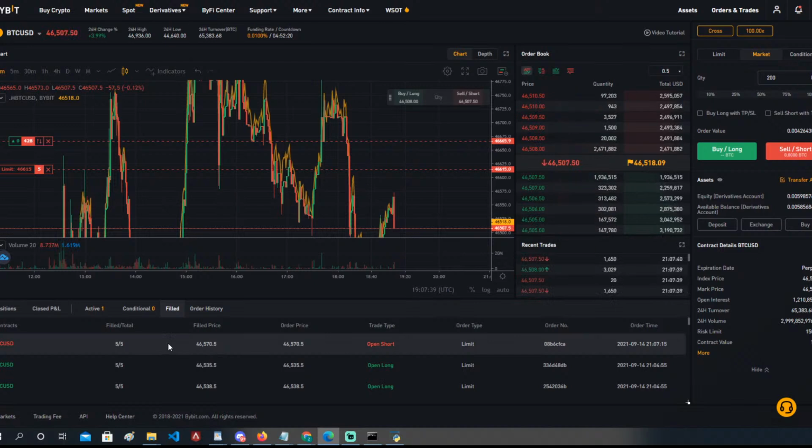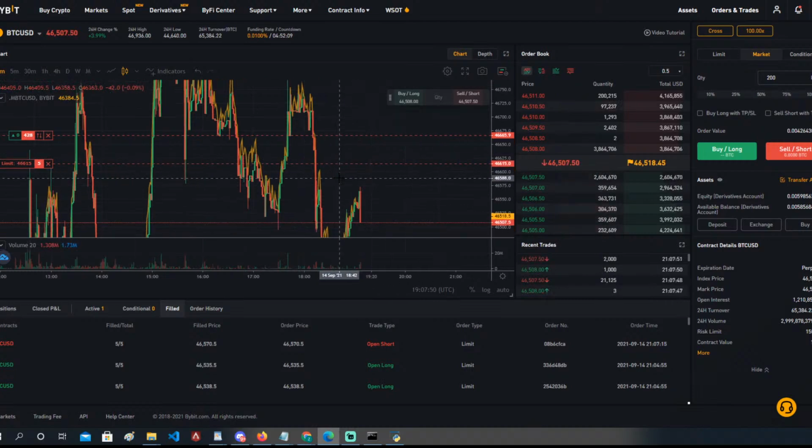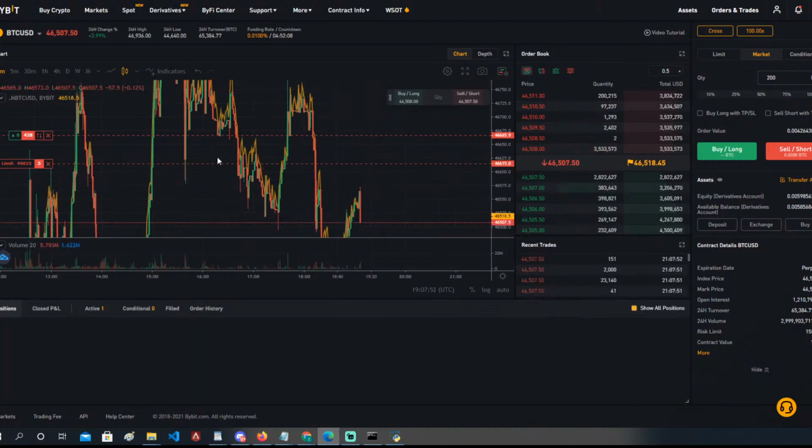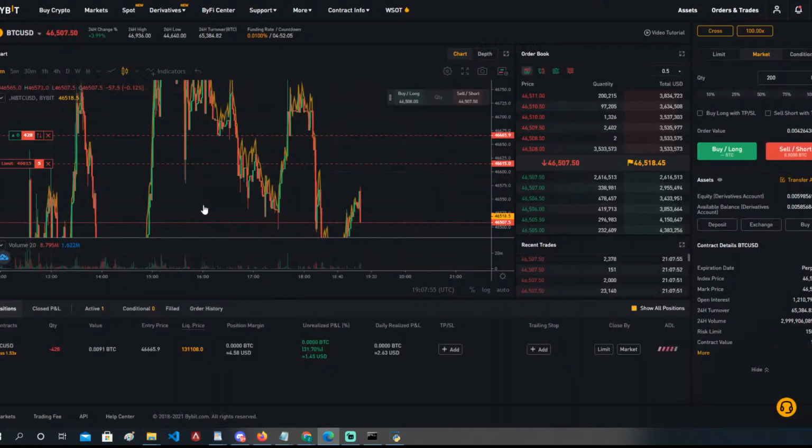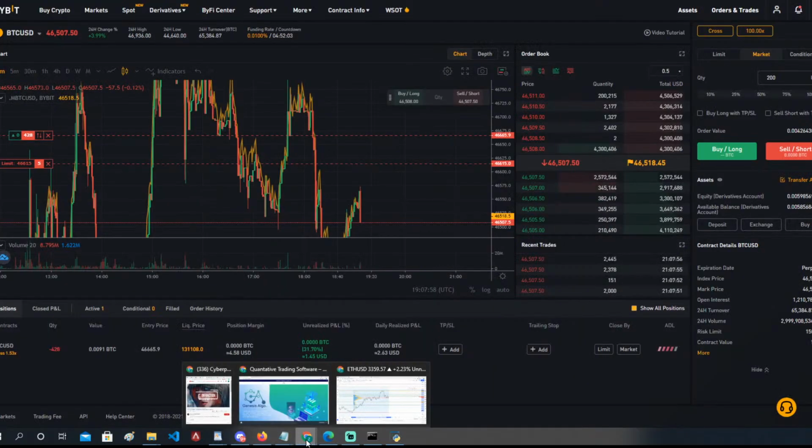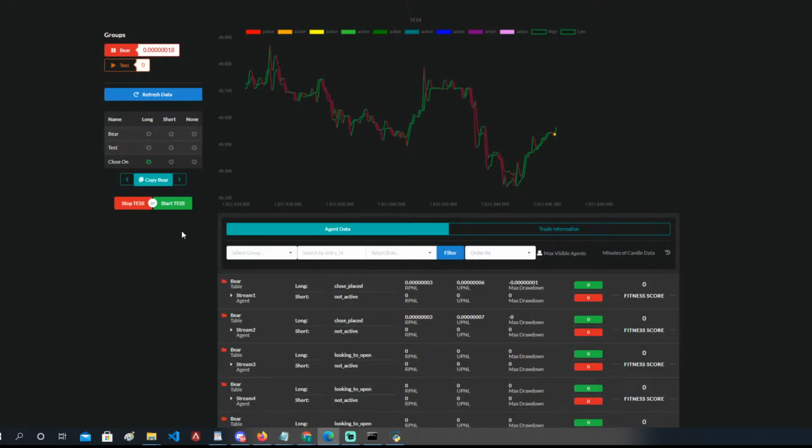Yeah, we exit on one of the trades, which was probably the one that we said prevent exits because it came up and it wasn't always there in the order book. Oh yeah, we can see that here probably in a second. So yes, it was the stream 2 agent, which has closed one position.